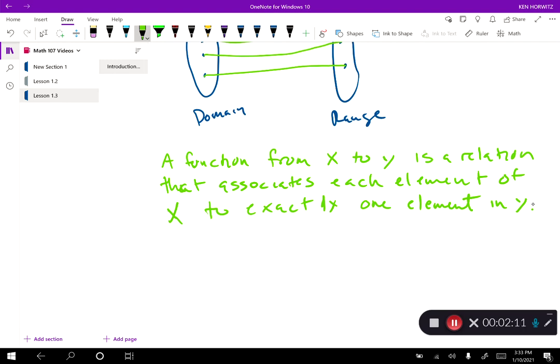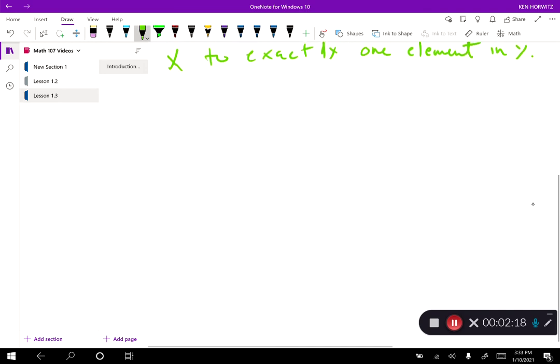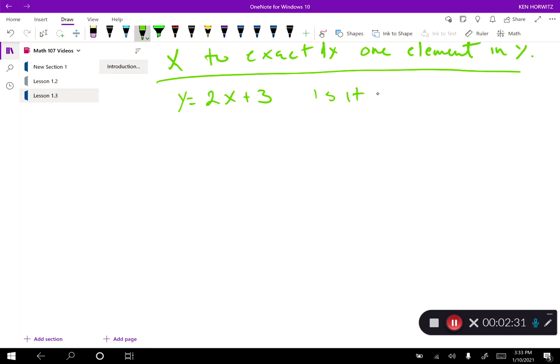All right, so let's take a look at a quick example to put this into context. My rule is going to be y equals 2x plus 3, and the question is, is it a function? I'm going to make a table of values.